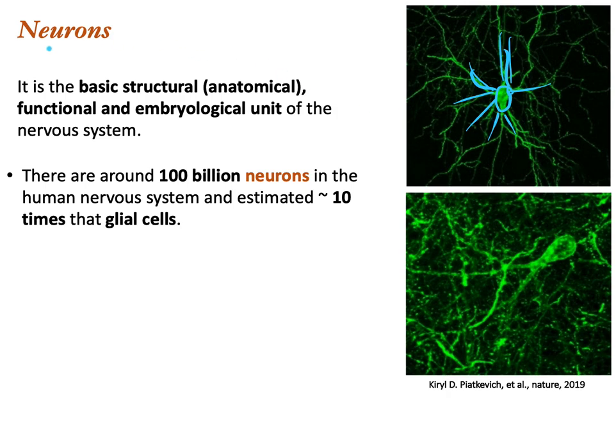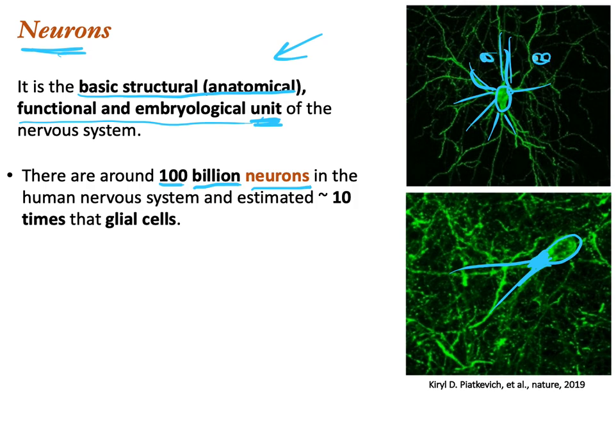So again, the neuron is the basic structural, anatomical, functional, and biological unit, which is important, right? And here is another type of neuron, a unipolar neuron, because there is one stem coming out from it, mainly. So you have around 100 billion neurons. But you also have supporting cells, the glia cells, for different functions, about 10 times more than the neurons.